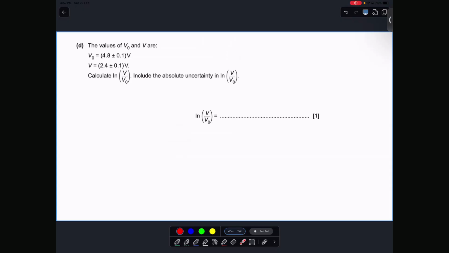To the D. What was I saying? Minus, no, the actual value, right, and uncertainty is minus 0.040.